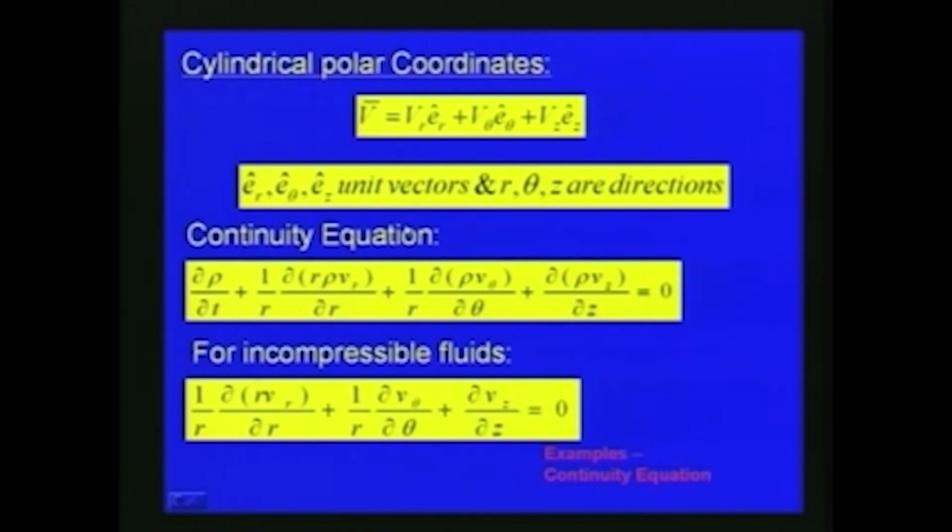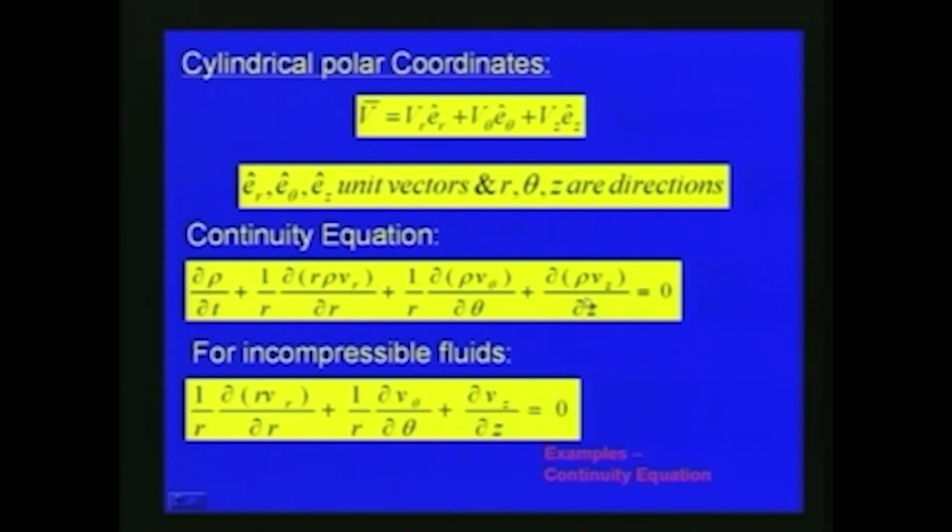As we have seen earlier, for the incompressible fluid there is no change with respect to density rho. So we can write this equation as 1 by r del r vr by del r plus 1 by r del v theta by del theta plus del vz by del z is equal to 0.